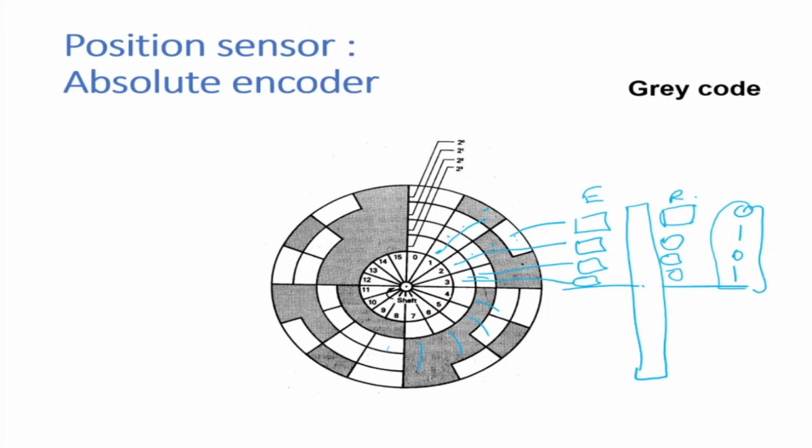But this is not very extensively used because you're increasing the cost. You're putting encoders, you're putting 4 rows now. Some signal processing has to be done to decipher this output. So the cost goes up. So although absolute encoders have the advantage of giving absolute position, they are not extensively used. Most robots, most positioning devices use incremental encoders.